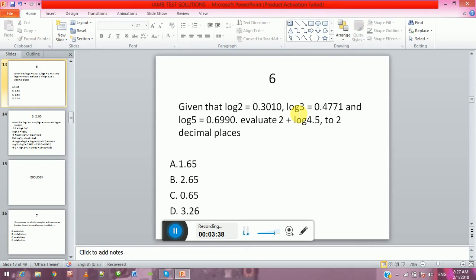We know that log 4.5 is the same thing as saying log 9 over 2. Now recall that log a over b is the same thing as saying log a minus log b. So log 9 over 2 is the same thing as saying log 9 minus log 2. So log 9 is the same thing as saying log 3 to power 2, and log 3 to power 2 is the same thing as saying 2 log 3. And we already know what log 3 is.